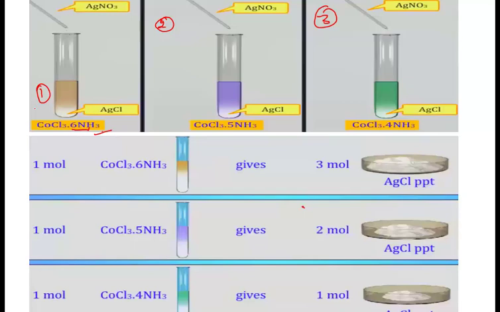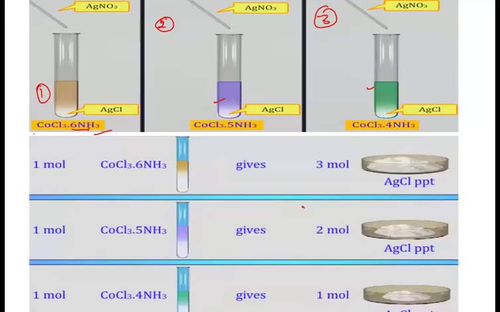As you can see, all these complexes have different colors. The first one is brownish or dark reddish brown, the second one is bluish, and the third one is greenish in color, right? Why is there variation, or why do they show different colors?